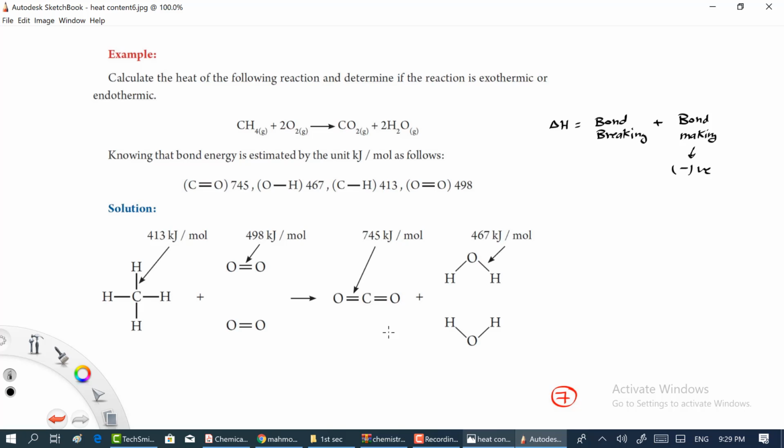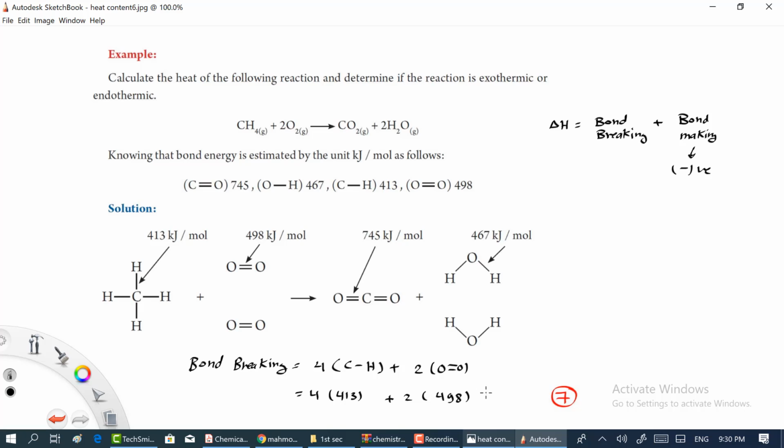To determine the bond breaking, we have 4 bonds from the type C-H, 1, 2, 3, and 4, so 4 multiply 413 plus 2 bonds from the type O double bond O, so plus 2 multiply 498.